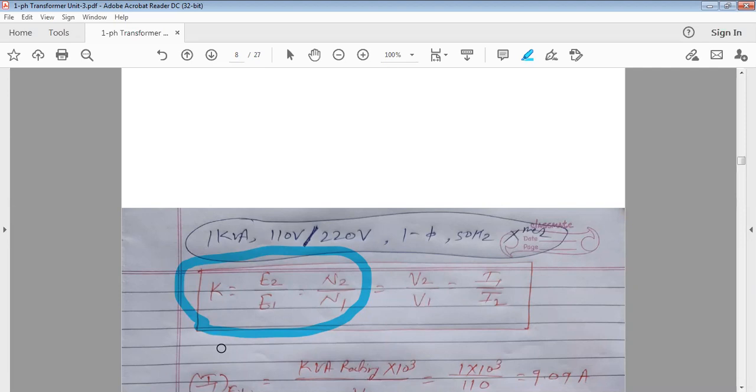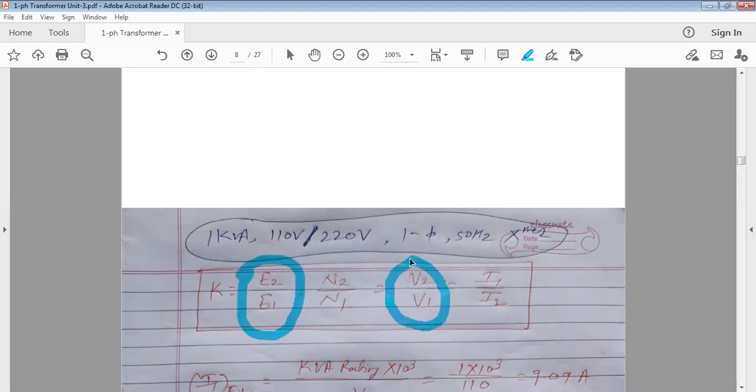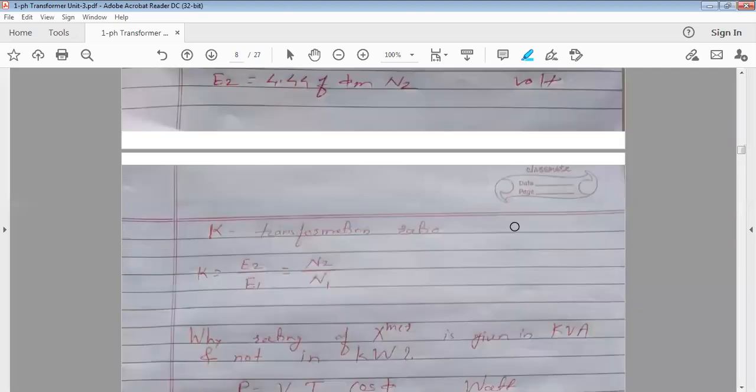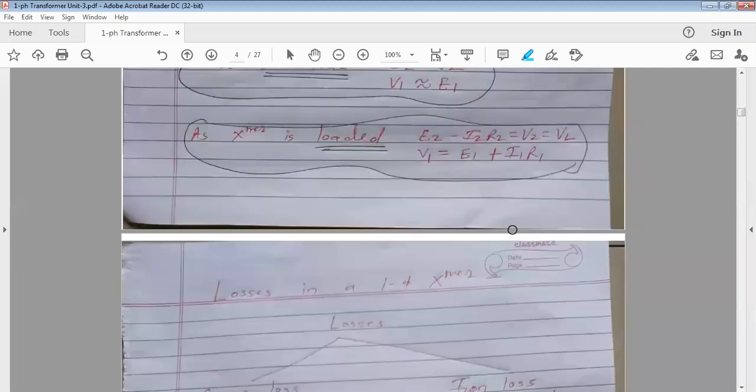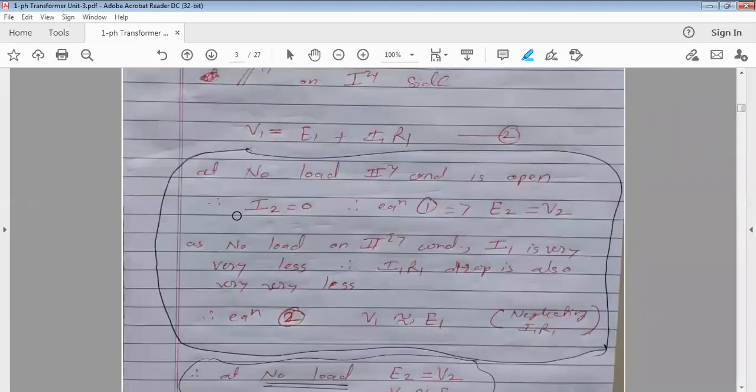Now what we have seen, when the transformer is at no load condition, I2 is... Transformer is at no load means the secondary is open, so what will be the value of I2? 0.